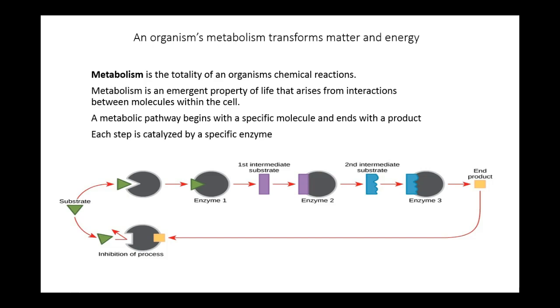And in the image you have here, you have a substrate. That's the green triangle. That then is fitting into the first enzyme and then creating an intermediate, substrate 2, which is the purple. So you have one substrate that, because of the enzyme, is turning into a completely different form, because actually the enzyme is bringing two pieces of it together.